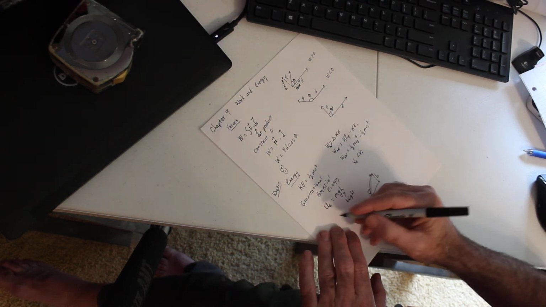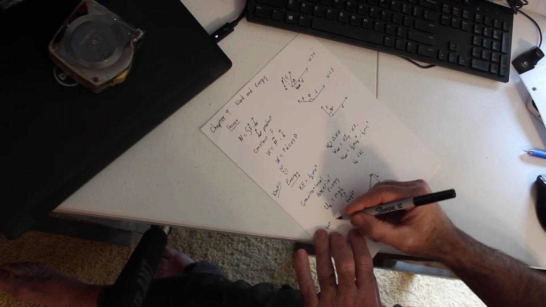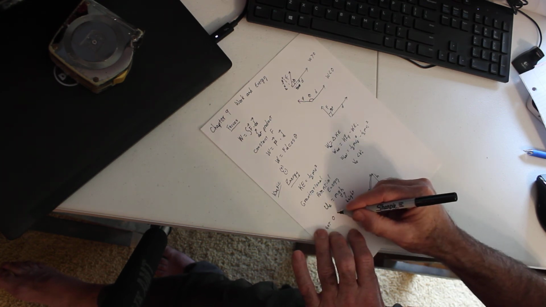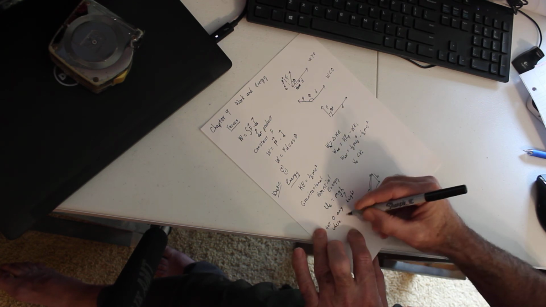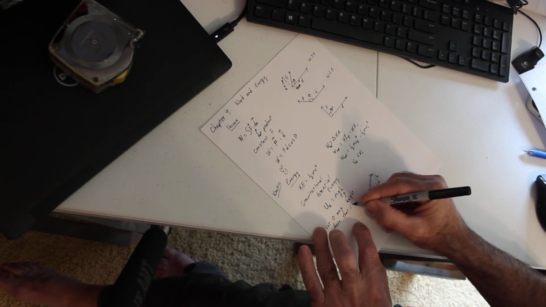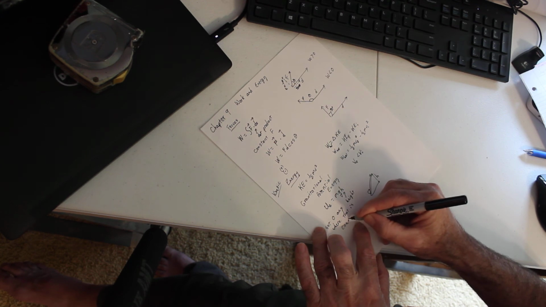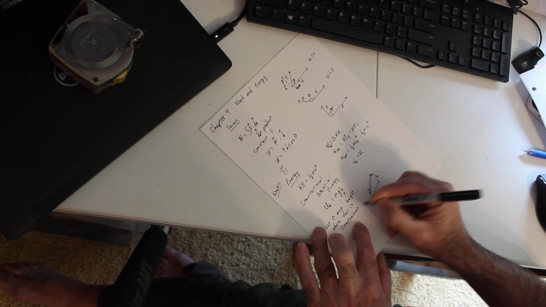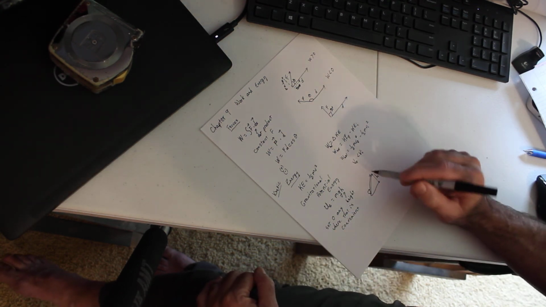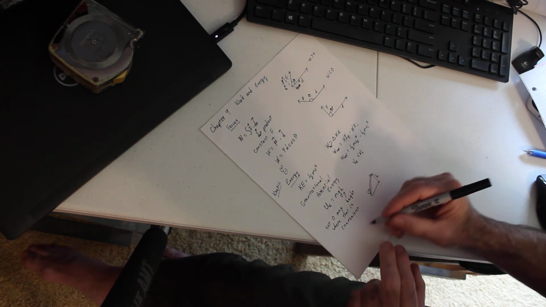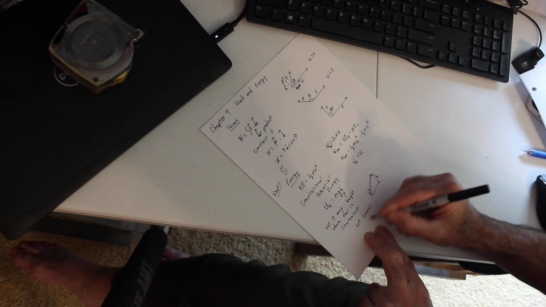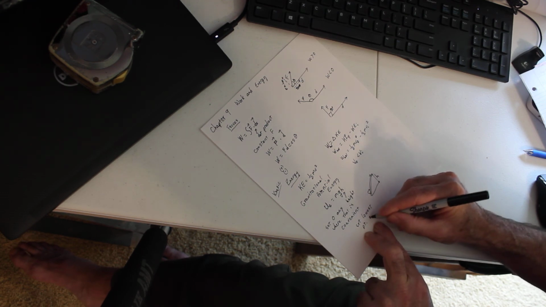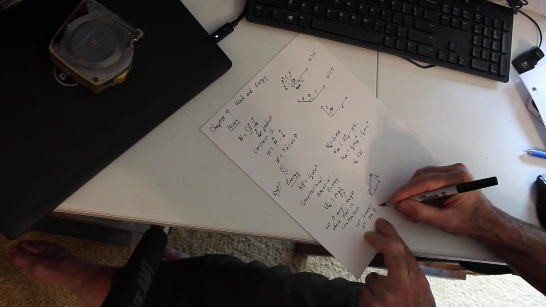And for the potential energy, you can set 0 anywhere you want, where that is convenient. For most problems, what you find is the easiest thing to do is to set the lowest point to 0 potential energy.